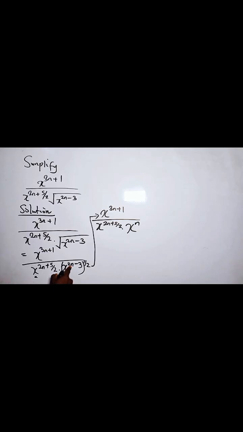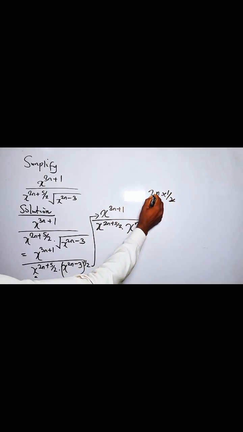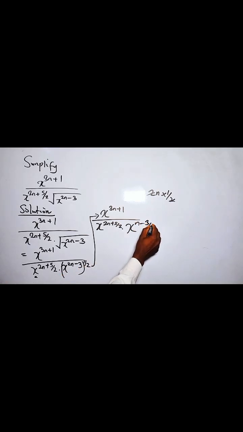How do we get that? 2n times 1 over 2 simplifies, n times 1 is n. At this point, minus 3 times half is minus 3 over 2 for the denominator.